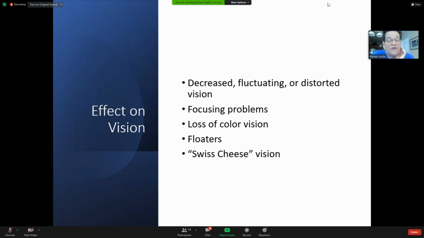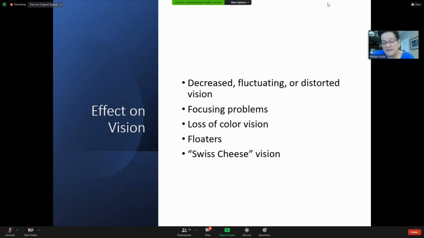Typically, they have a loss of color vision. Everything seems washed out. They also may have floaters, and typically that's due to the vitreous humor thinning or having debris or even blood in it.